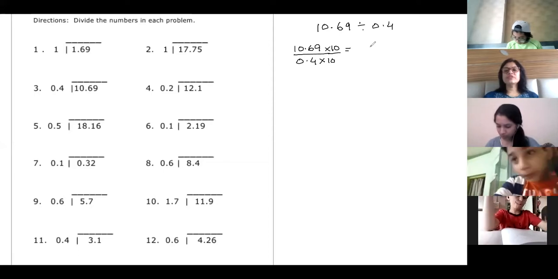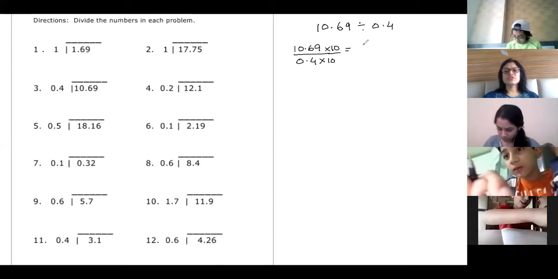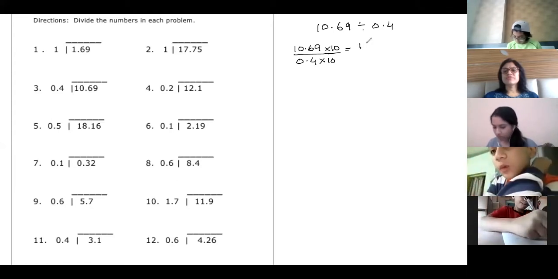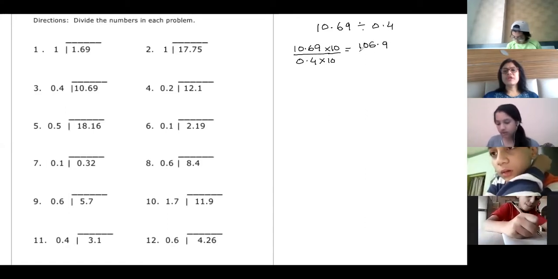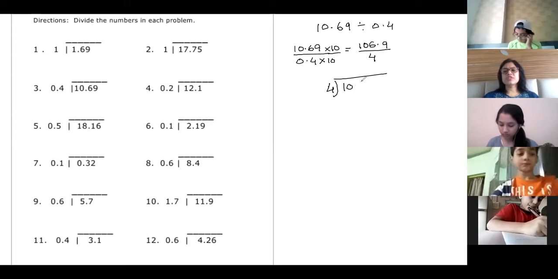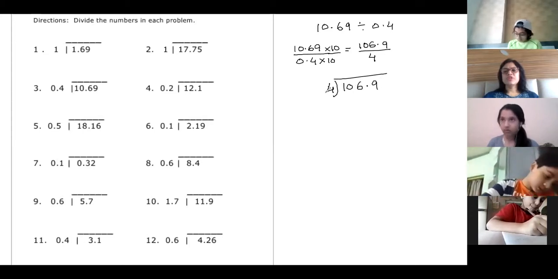Do it directly. 10.69 into 10, shift to the right: 106.9. And what is the denominator? 4. Now divide it. Now tell me the whole answer, Muhammadi. 4 how many times?